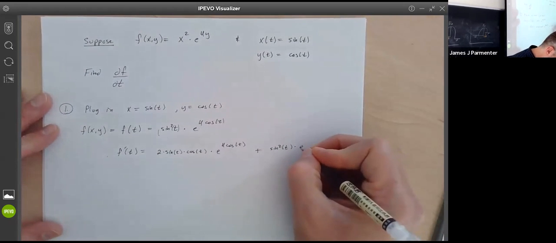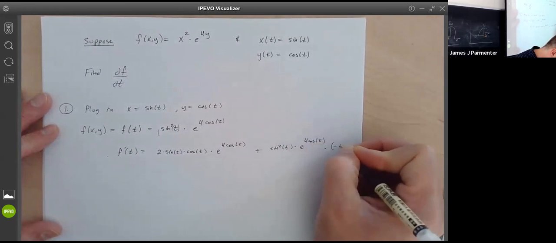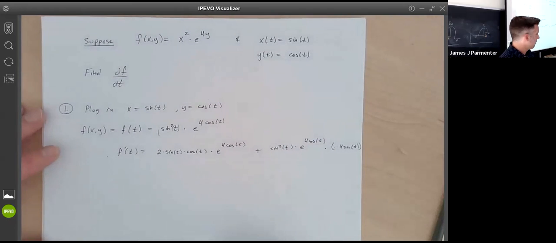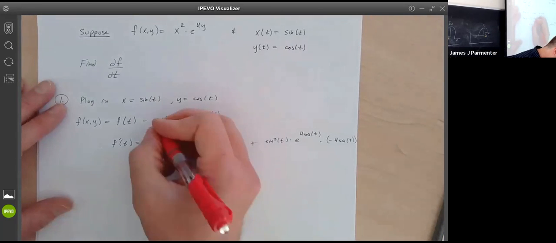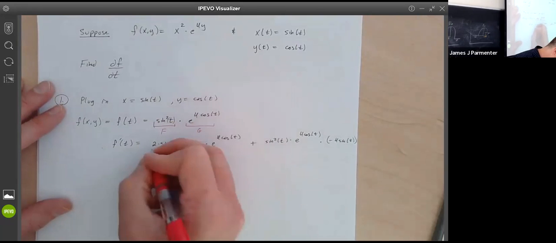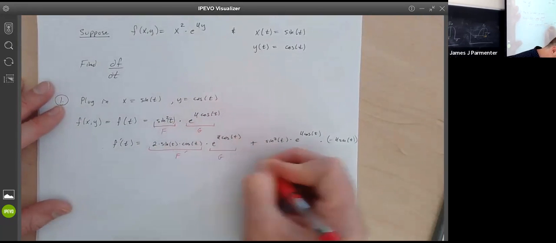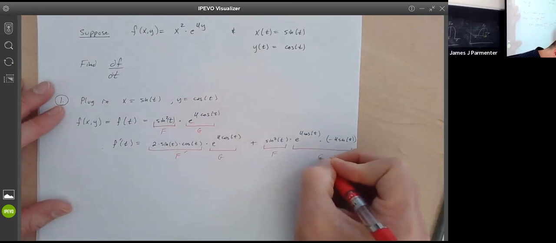The derivative of e to the stuff is e to the stuff times the derivative of the stuff. So e to the 4 cosine of t times negative 4 sine of t. And just to be super clear about what's happening here, if this is my f and this is my g, there's my f prime, there's my g, there's my f, there's my g prime.